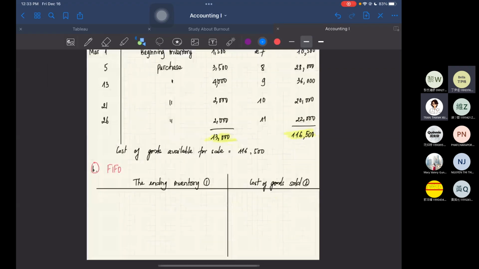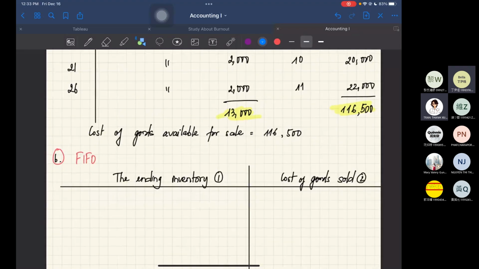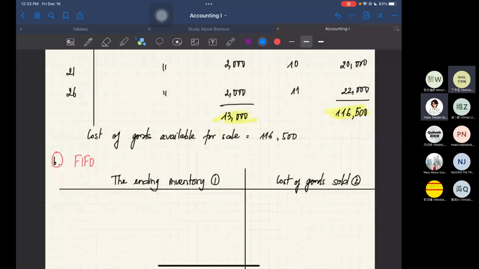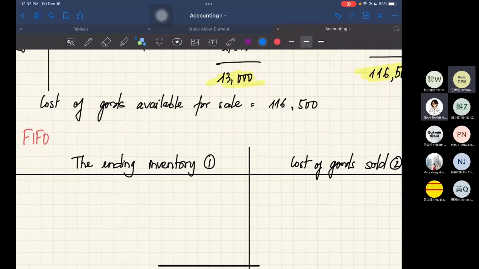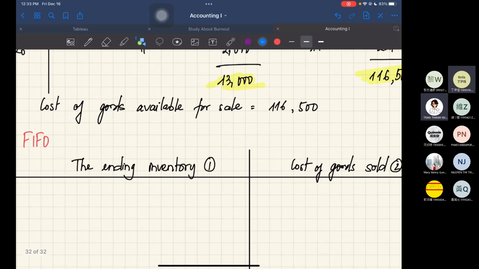During March they sold 10,000 items. So they have 13,000 items, they sold 10,000 items, which means they still have 3,000 items left.